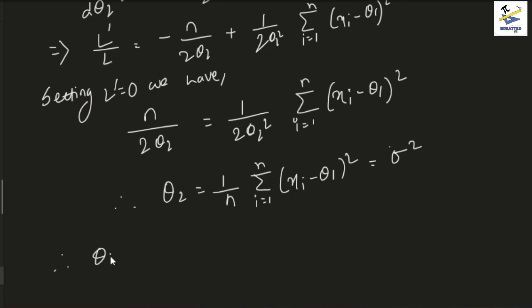Therefore, we see that theta 1's MLE is just x bar, while theta 2's MLE is sigma squared. And this is how the likelihood is calculated.